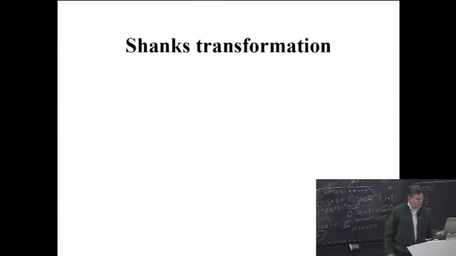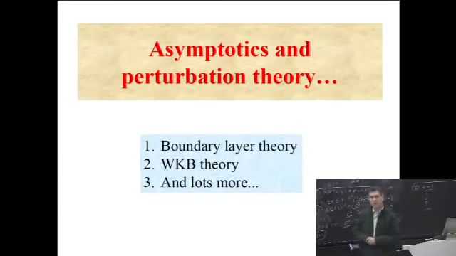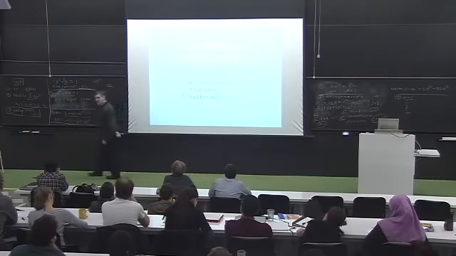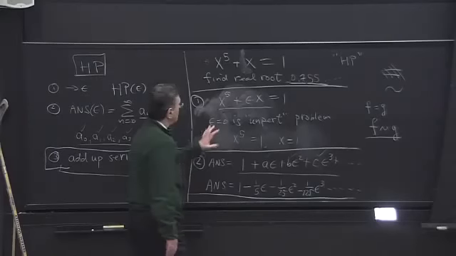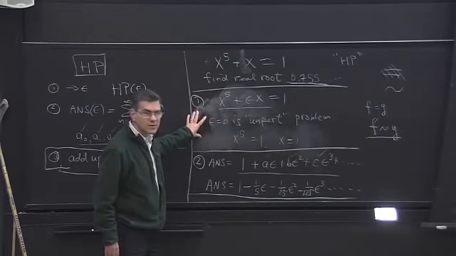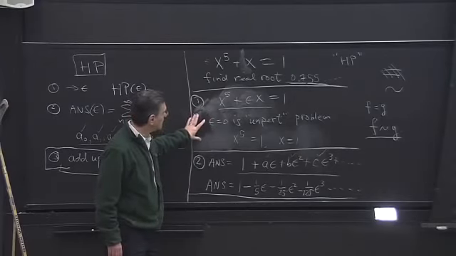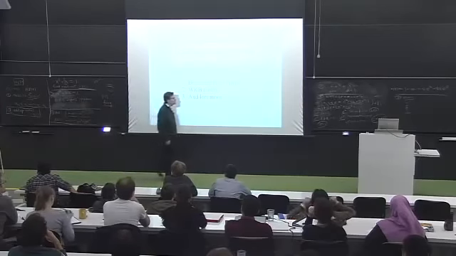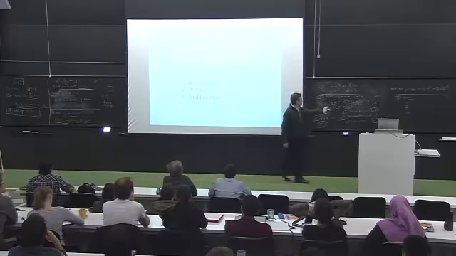Okay? But before we get to some of these techniques, what I want to do is talk a little bit more about this problem, because I want to find out why it is that this seems to be a really nice problem, the way we solved it over here. And the way we solved it over here, it wasn't such a nice problem.